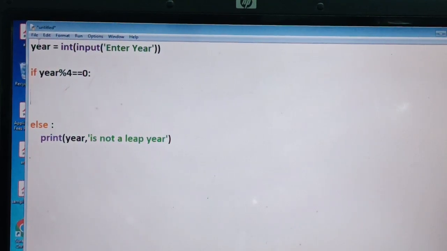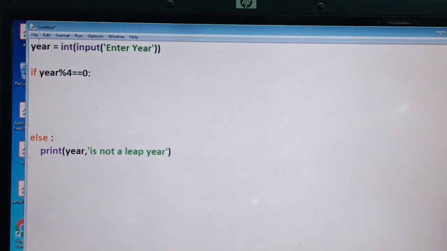Okay, now let's write the if body. The first condition is that the year needs to be divisible by 4. Now we need to check whether the year given by the user is a century year or not.